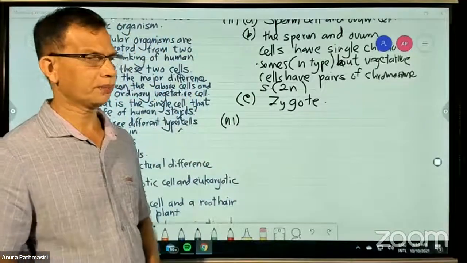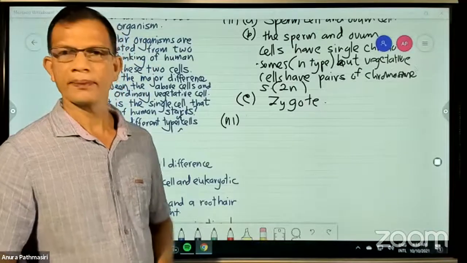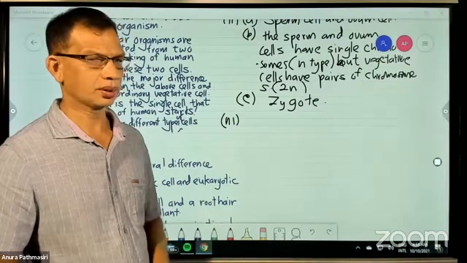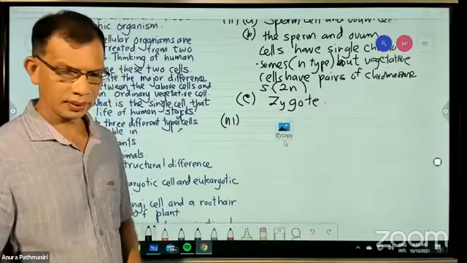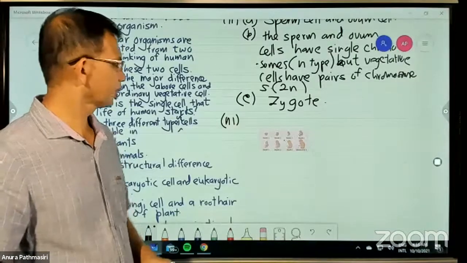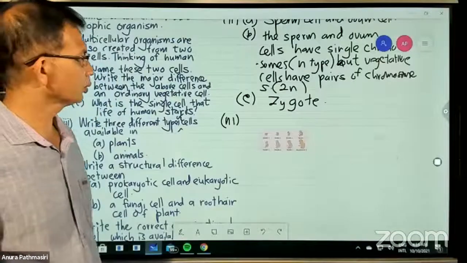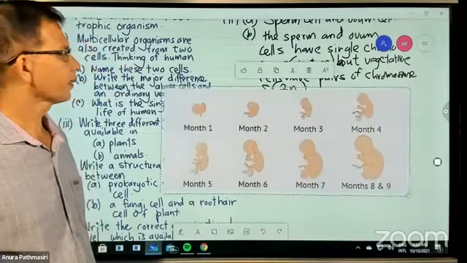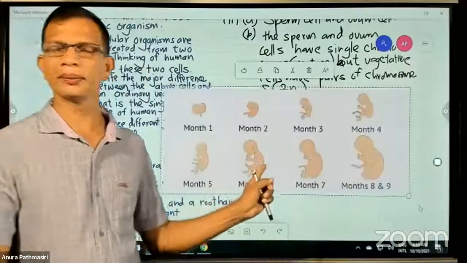If you think of embryo, the exact word for a single cell is zygote. If you say embryo, it is not considered only that single cell. This whole thing is the embryo.